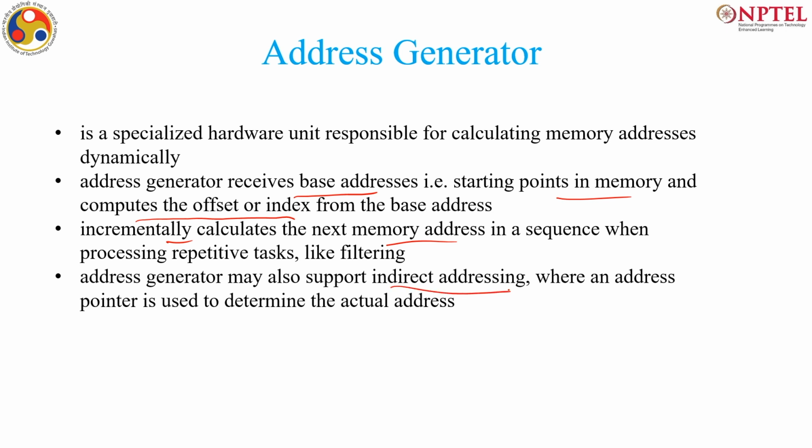Now what is indirect addressing? Suppose you want to find, say, this Prakash villa, for example. So where is this Prakash villa? You ask someone and that person will say, okay, after 4 blocks that is Prakash villa. So that is direct addressing, directly you are finding the location. Indirect addressing means you do not know the location, but you know who knows the location.